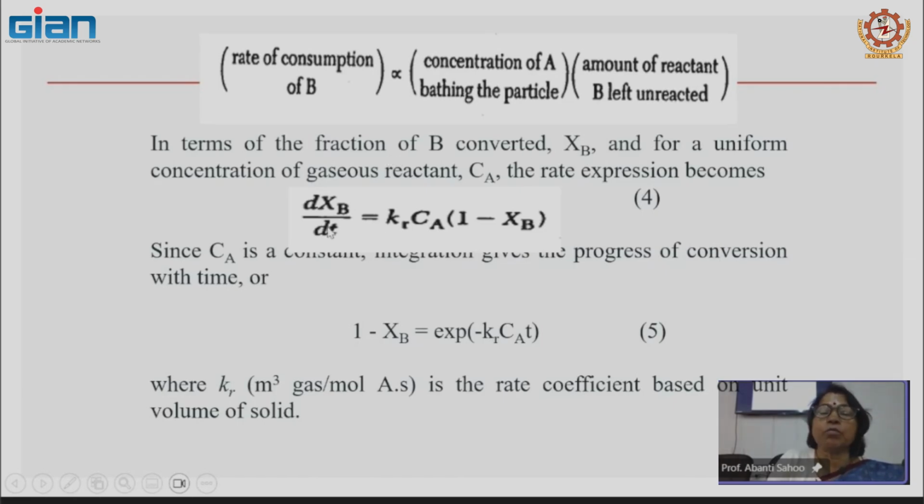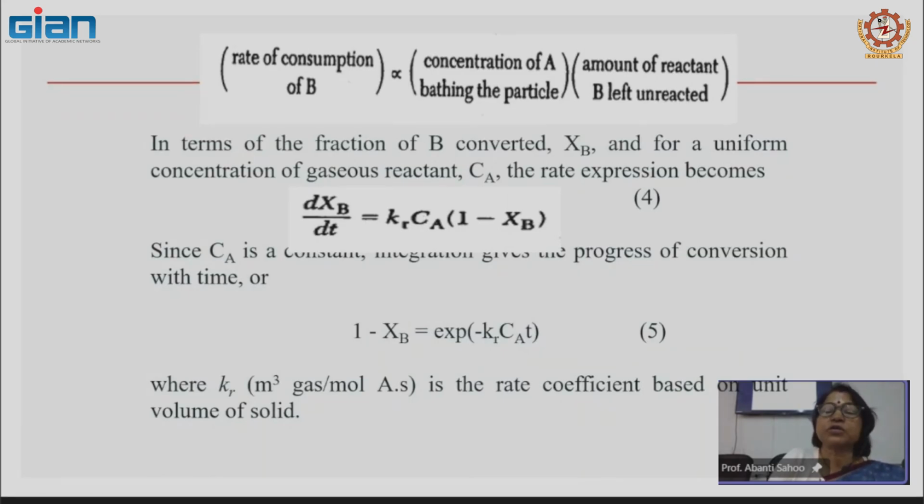We can write dXb/dt over the time interval dt equals Kr times Ca, the concentration of A, times (1 minus Xb). Xb is the converted amount, so 1 minus Xb is the amount of reactant B left unreacted. Ca is constant, as the gaseous reactant is diffusing throughout the particles and its concentration remains constant.